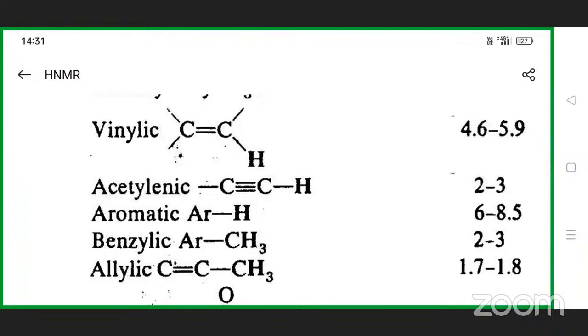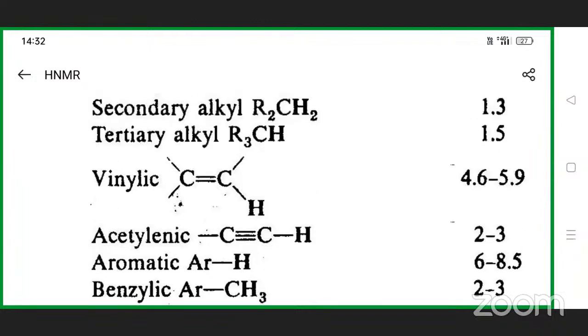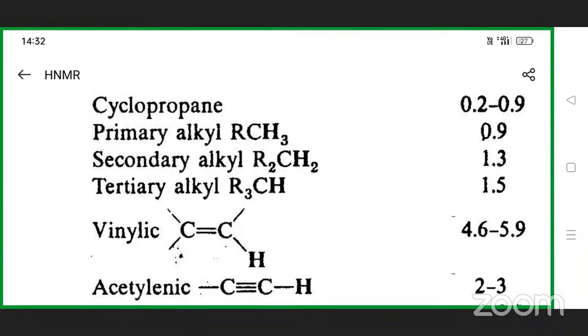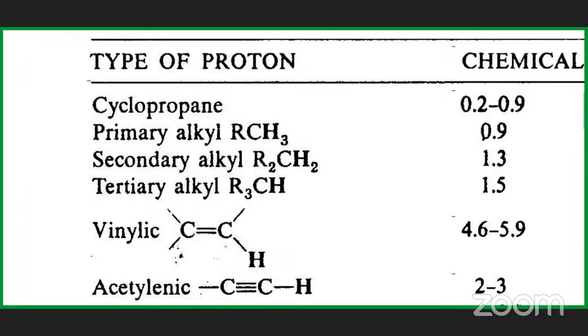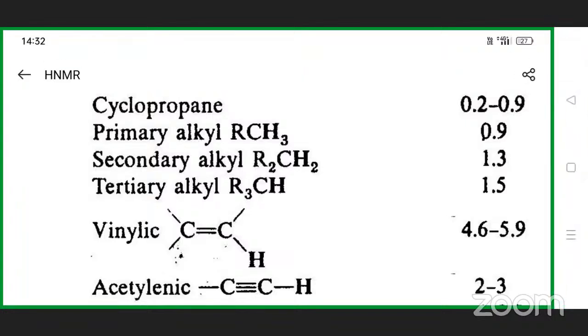You can see the deviation in this order, where vinylic proton is more and acetylenic proton is less, because the electronegativity of acetylenic proton is more but the delta value is less, so it is inversely proportional. And for vinylic proton, electronegativity is less and delta value is more, so here also it is inversely proportional.